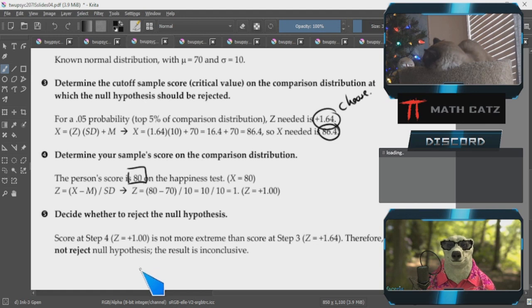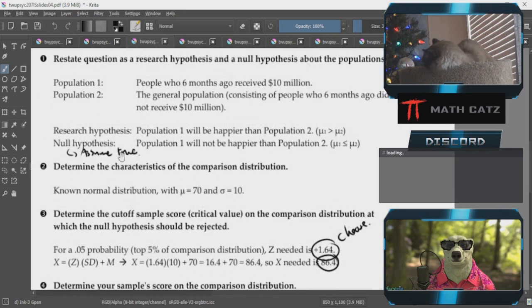So something is actually different than what our null hypothesis assumption is. Or we do not reject the null hypothesis. The evidence is not strong enough, and we could have just gotten it randomly anyway. It doesn't suggest that anything else is happening. The evidence in this case doesn't suggest that people who got $10 million will be any happier. We got a person we could have just gotten anyway.